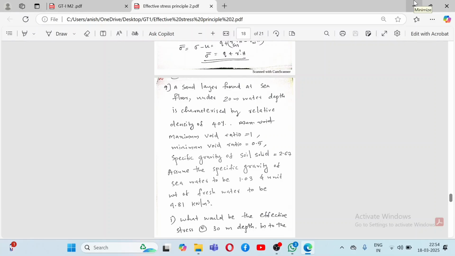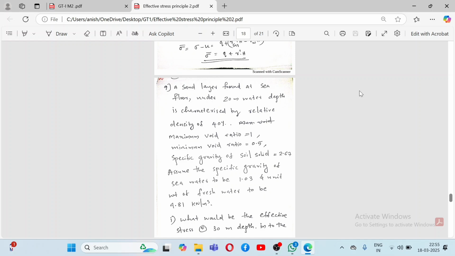So here is a question. A sand layer found at the sea floor under 20-meter water depth is categorized by relative density of 40%. Maximum void ratio is 1. Minimum void ratio is 0.5. Specific gravity of soil solid is 2.67.